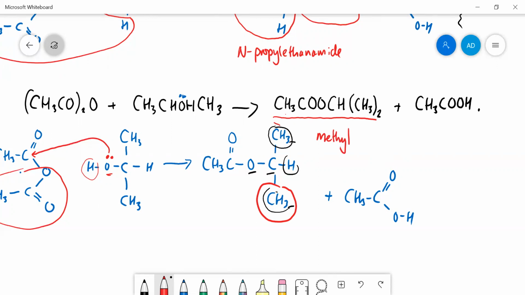This is basically like an ethyl group, isn't it? And this is the oic acid bit. So it's methylethyl ethanoate. Okay, so that's the end of that one.